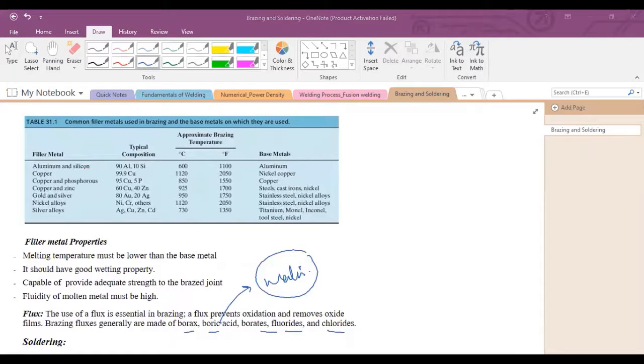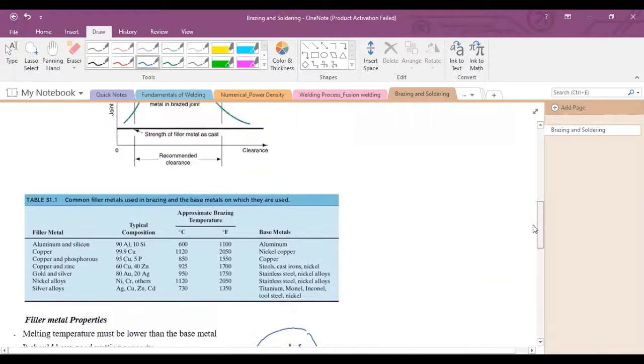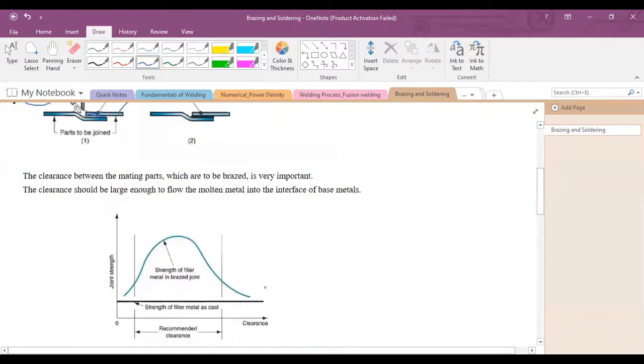What is wetting? Wetting is when the molten filler material fills inside the clearance and adheres to the joint. This filler rod becomes fluid, molten, and can adhere properly to the component to form a very strong joint. The clearance between the faying surfaces is very important.